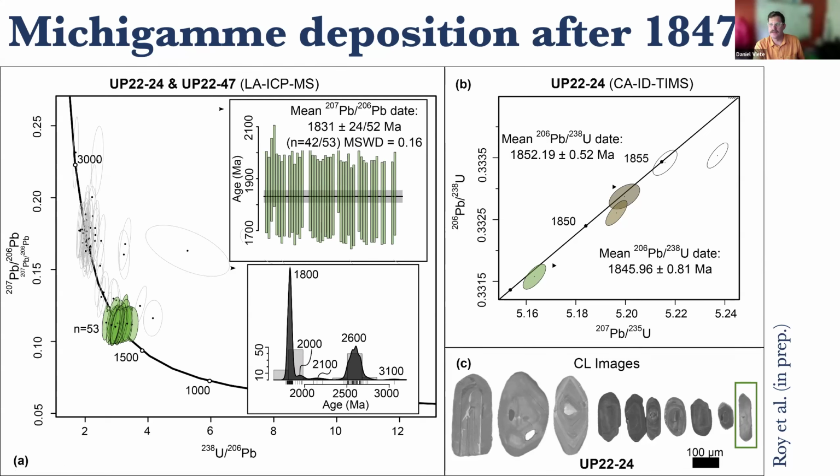And so this gives a maximum deposition age of 1847, meaning that the rocks that were taken to sillimanite grade conditions, approaching 650 to 700 degrees Celsius at 1830 million years ago, were deposited after 1847.